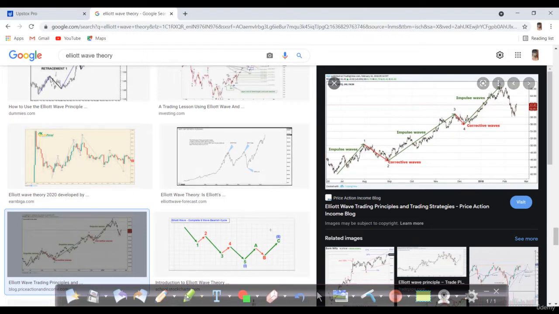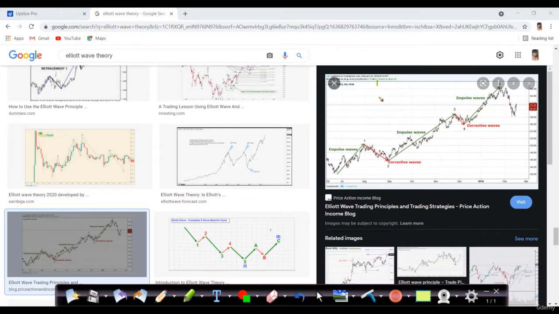Now, if you see this image, in this image you will find the market will give moves 1, 2, 3, 4, 5. The market will move like this, and the third wave is always the bigger wave. The third and fifth waves are always bigger, but the third wave is almost always bigger than the first wave.